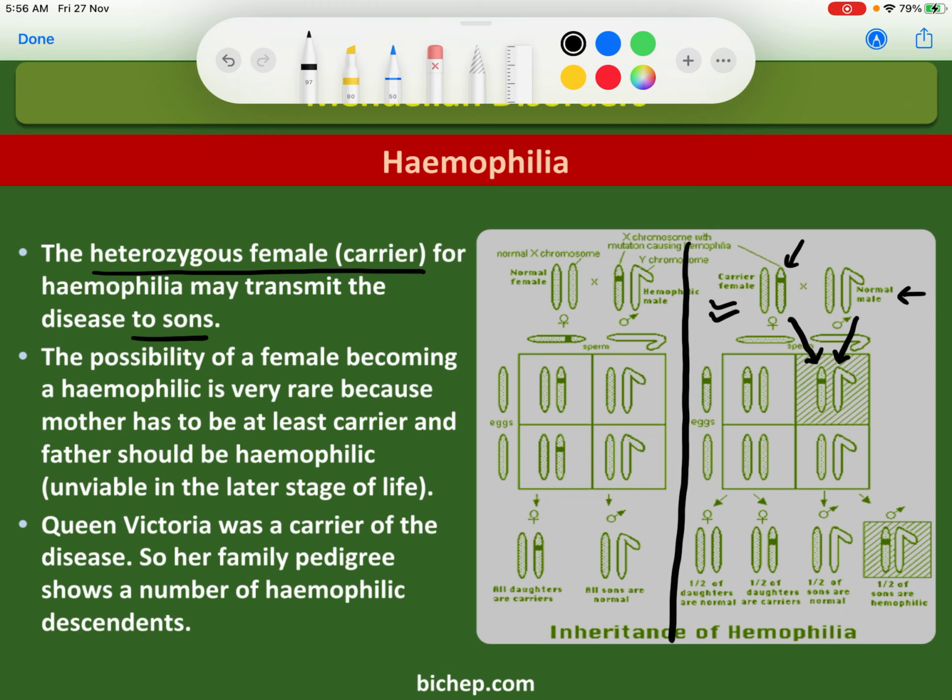So there is a 50% possibility that a male child of this couple gets hemophilia. So this couple has a 50% chance of having a male child with hemophilia. You can easily conclude this from the diagram.